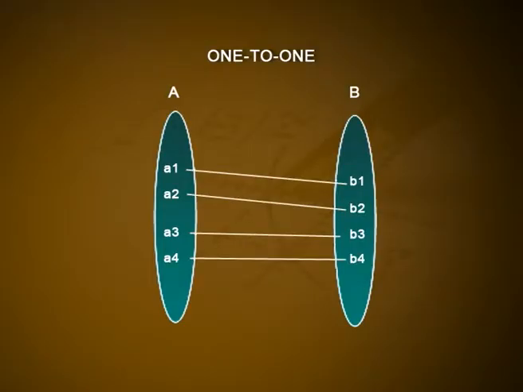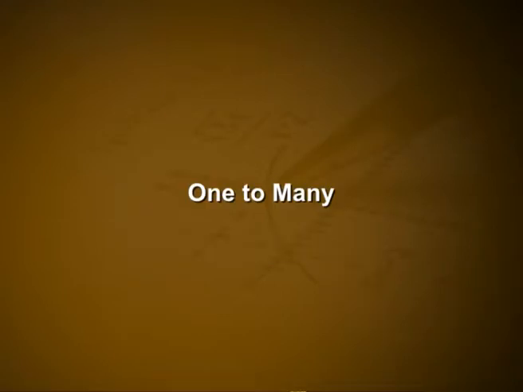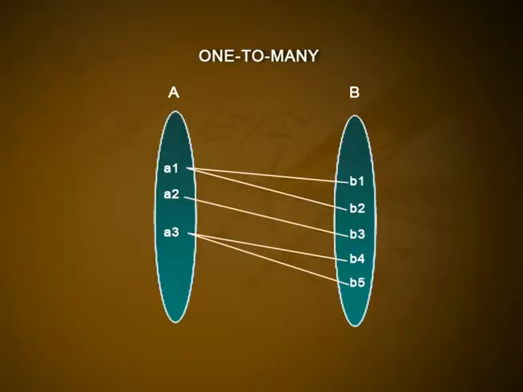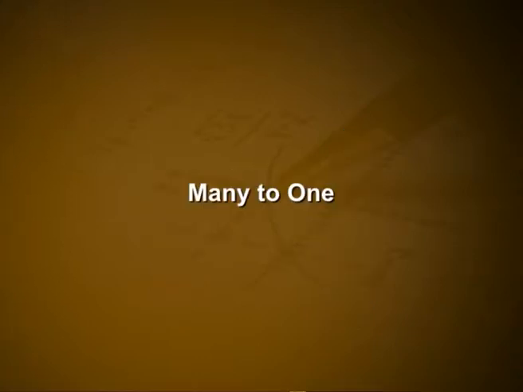One to one. An entity in A is associated with at most one entity in B and an entity in B is associated with at most one entity in A. One to many. An entity in A is associated with any number of entities in B, but an entity in B can be associated with at most one entity in A. Many to one.